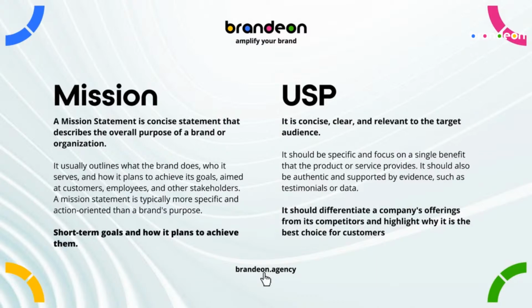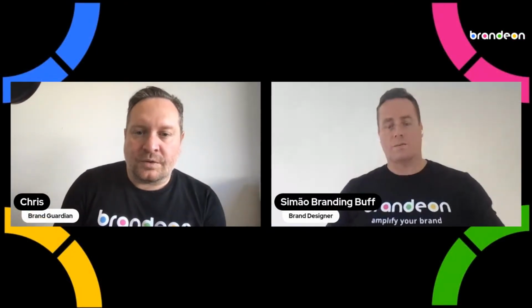When someone's in the decision-making process and looking at your competitor or a product, they look for something to make it unique and different. And that's where the USP comes in, because it finds a way to highlight that difference and make that choice for your consumer or your customer a lot easier. And that's, I guess, the easy way to put it. But I guess, Sim, throwing it back to you, what are your thoughts on the difference between a mission statement and a USP?